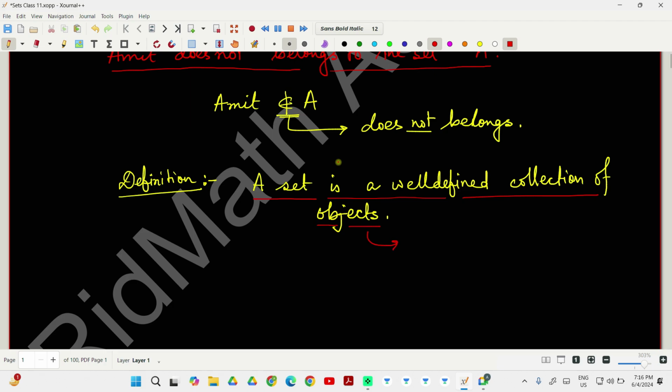Here objects means the things you can perceive of, which objects you can think of, and they can form a set. And here, what is the meaning of the words well defined?